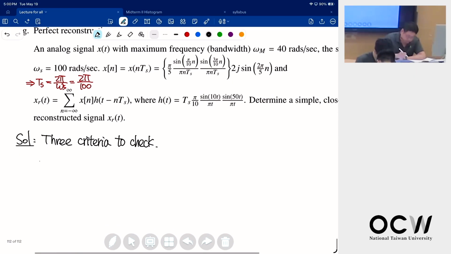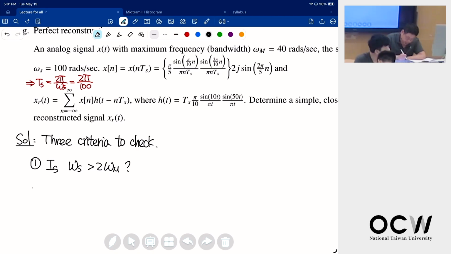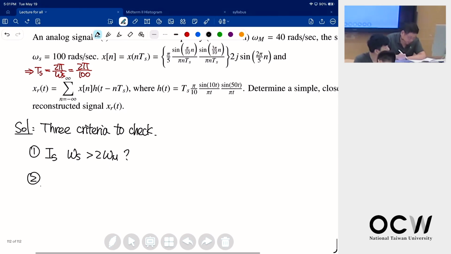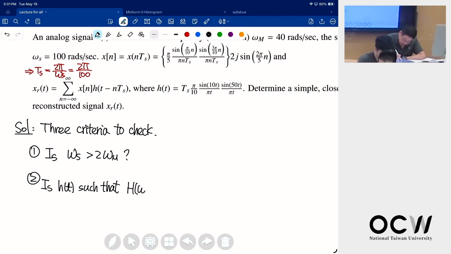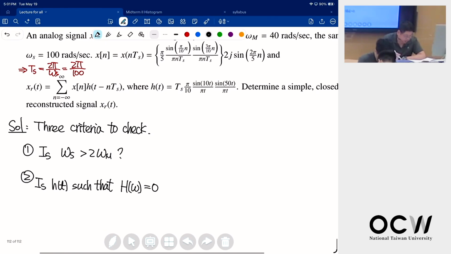First, it's definitely that we don't want to have any aliasing. So is the sampling rate greater than the Nyquist rate? Second, is this H kind of like a filter such that the Fourier transform is 0 for where?